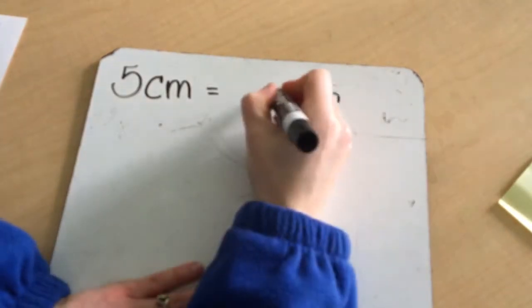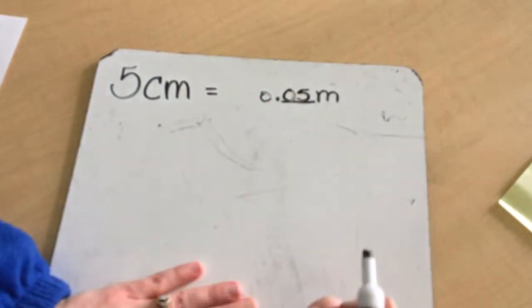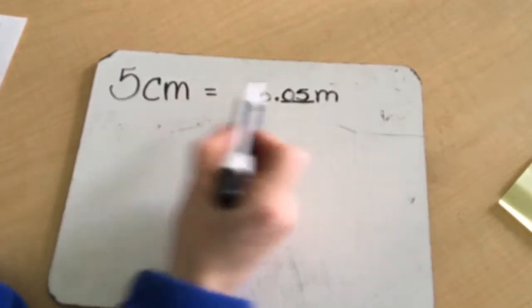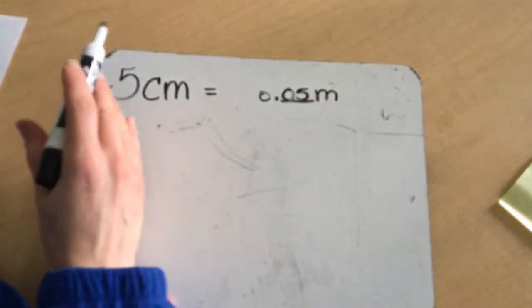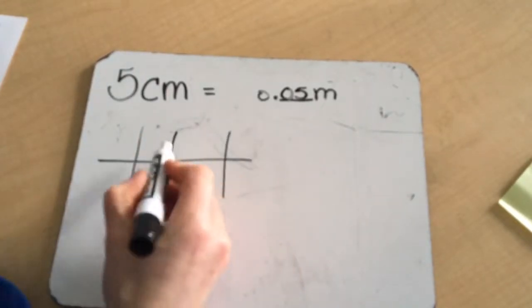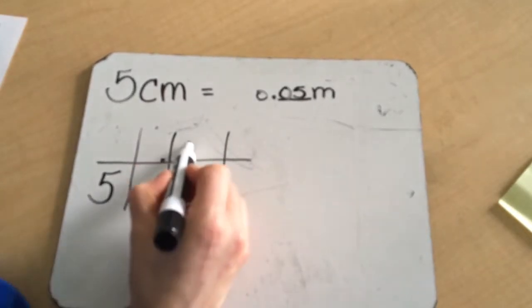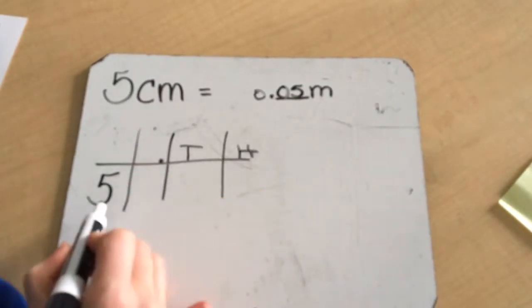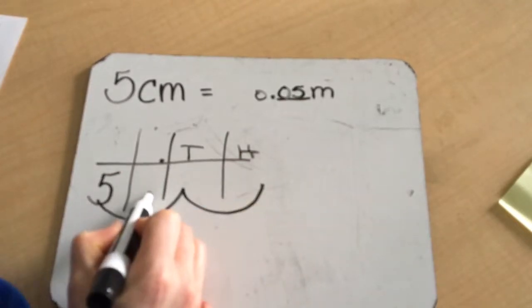If you were thinking it's 0.05, you would be correct because I'm dividing by 100, and when I divide by 100, I shift to the right. And that place value chart, if your decimal's right here, you have 5 ones, tenths and hundredths, you're shifting it 1 space, 2 spaces, 100.